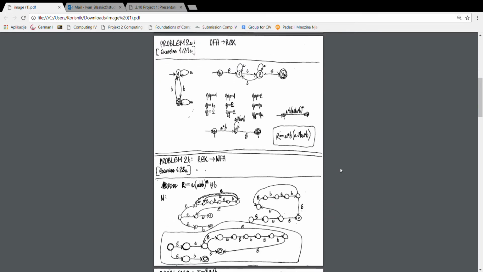Problem number 2. I put this problem in just to talk a little about the general knowledge I was gaining while doing these problems.